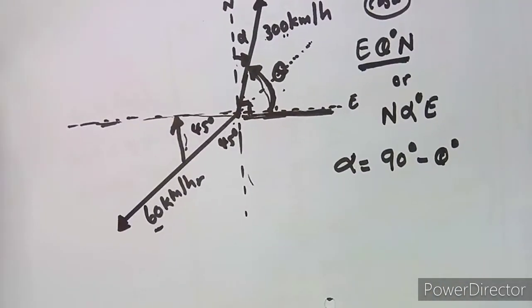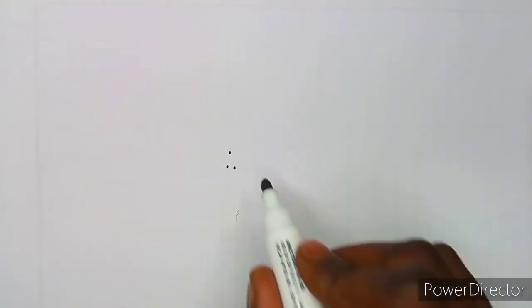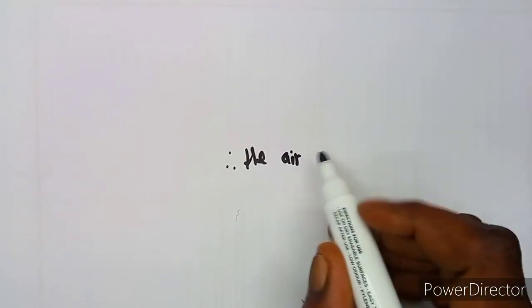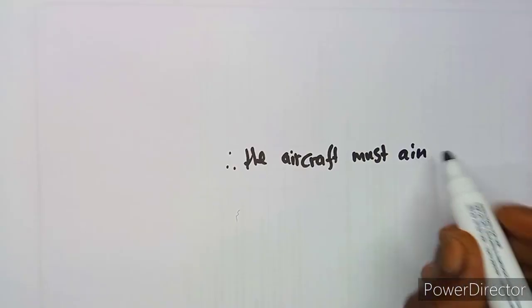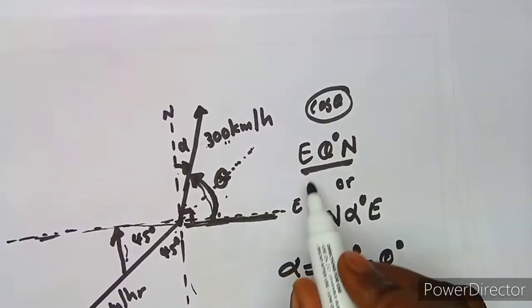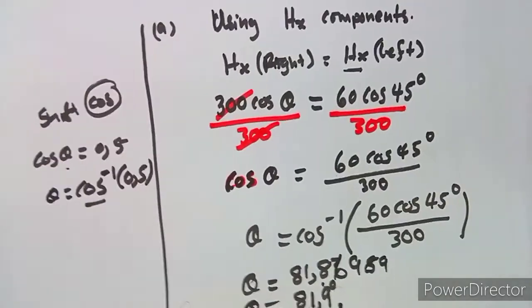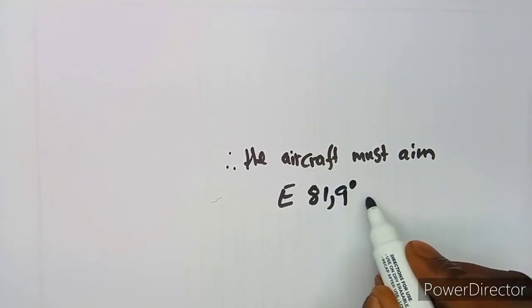So therefore, because the question was asking what you must aim, the aircraft must aim east theta degrees to the north. East theta, which is the angle that we obtained here, theta degrees to the north, which is 81.9 degrees to the north.